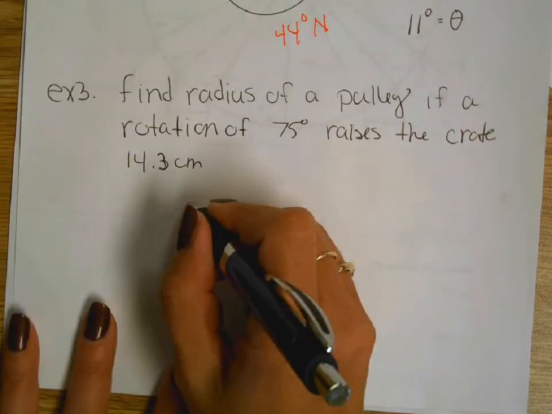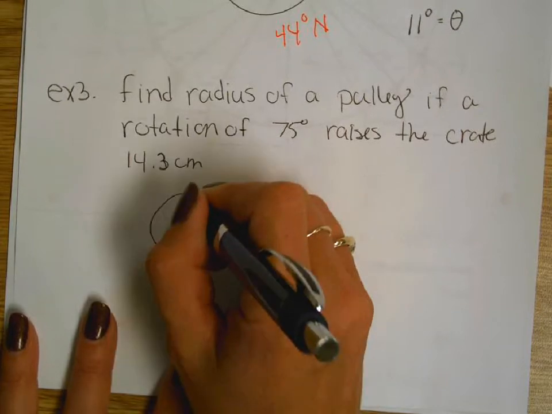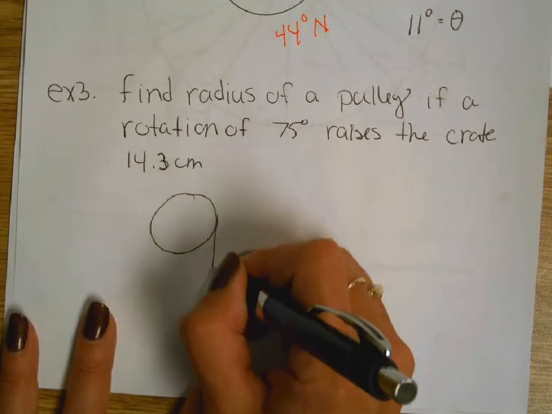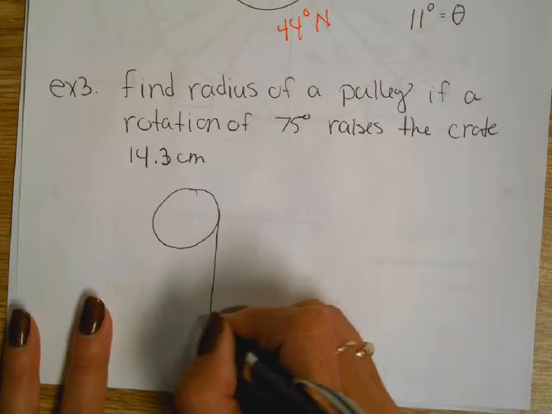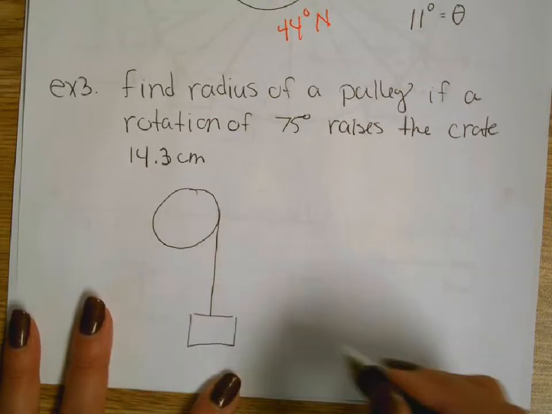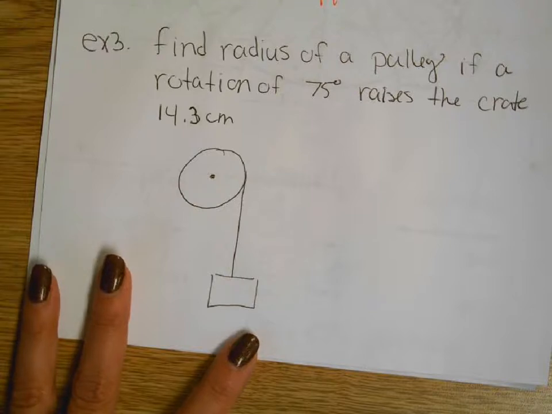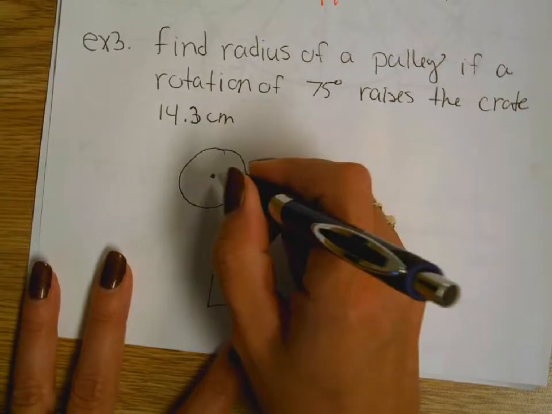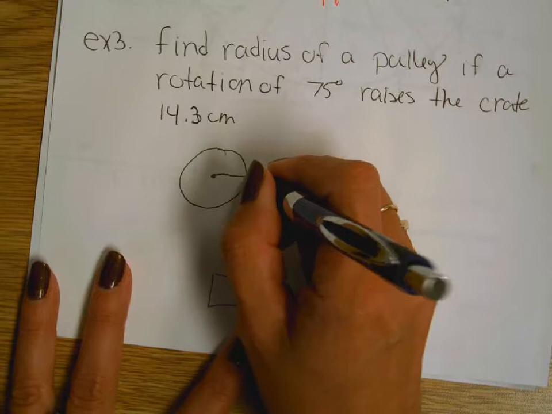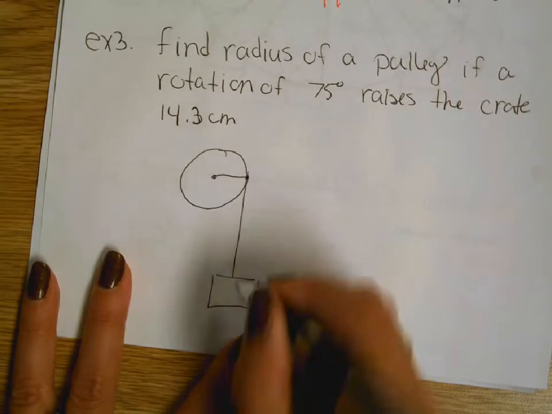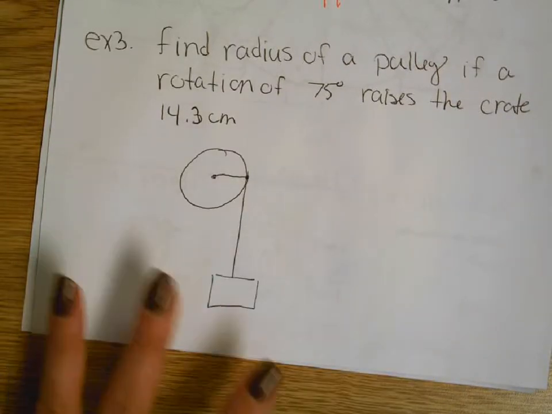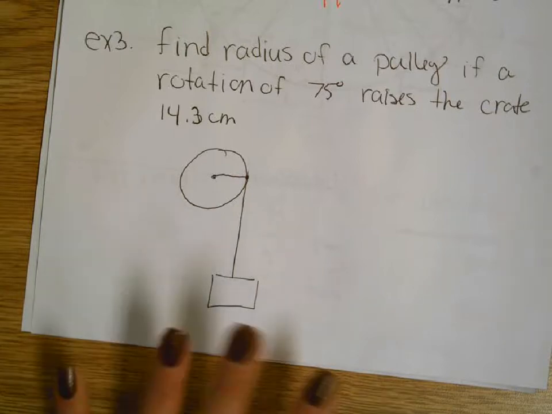So, get a picture of what we got going on. So we got this pulley that's got coil wrapped around it. And off of it there's a string, or rope I should say, and then there's a crate down here. So the string hangs off of the pulley right there. So what we're going to do is turn this 75 degrees.